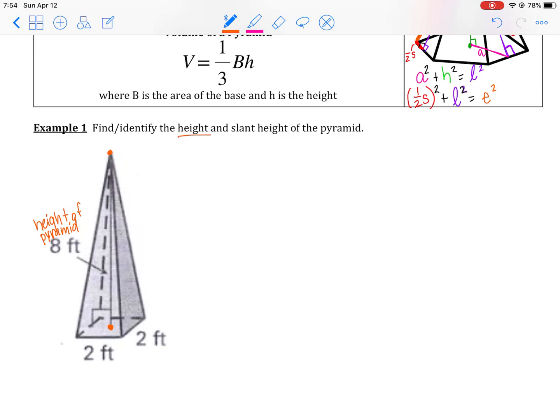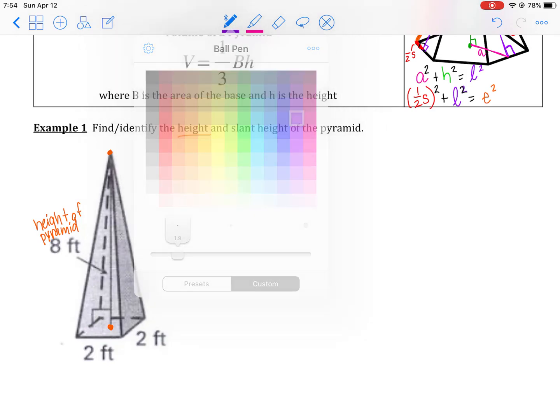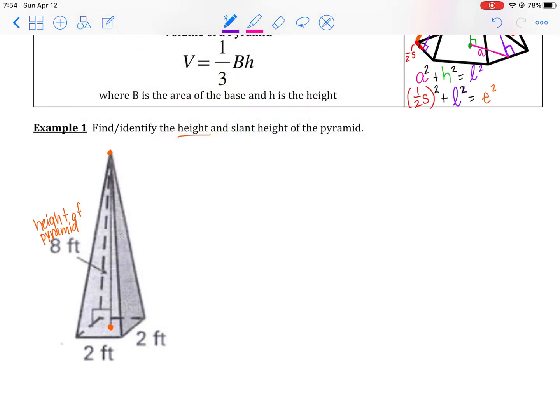So I've got the height, but now I need to find the slant height. The slant height is going to be going down a face. If I go down the lateral face and come perpendicular to that side, it's going to be at its midpoint.